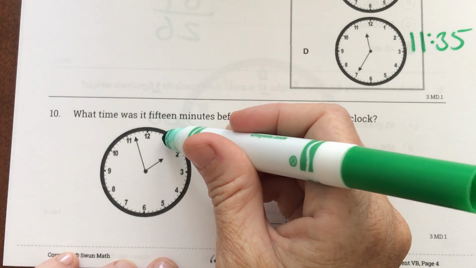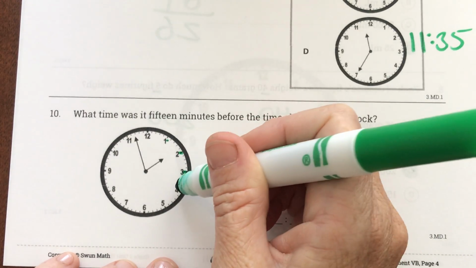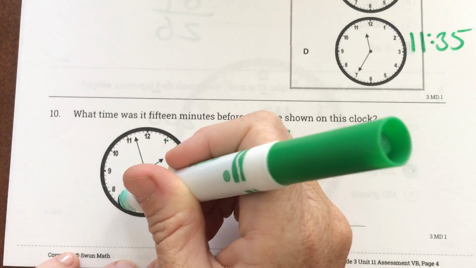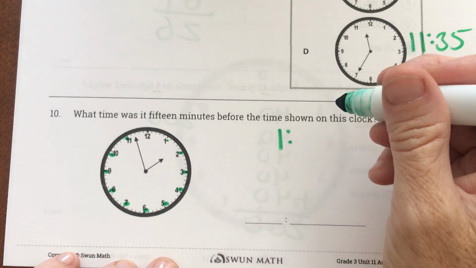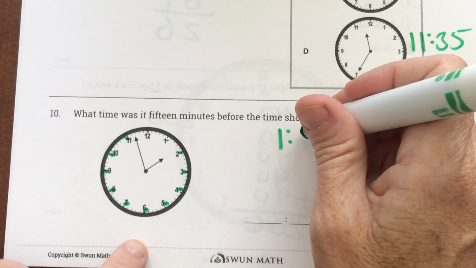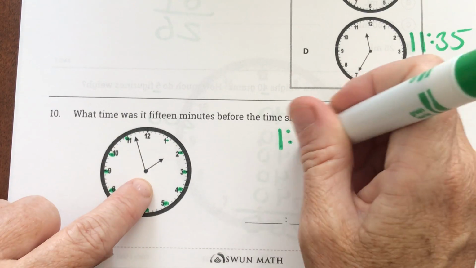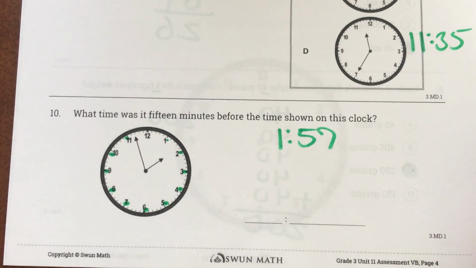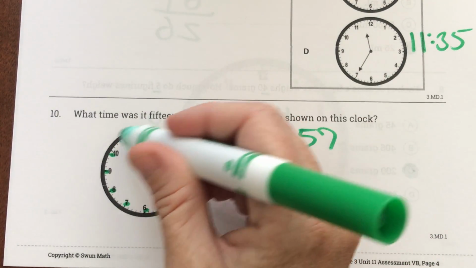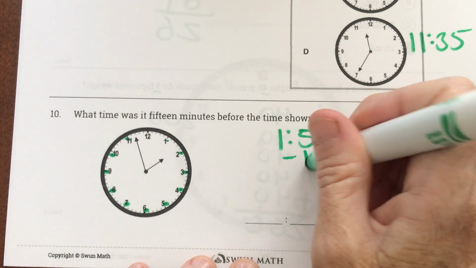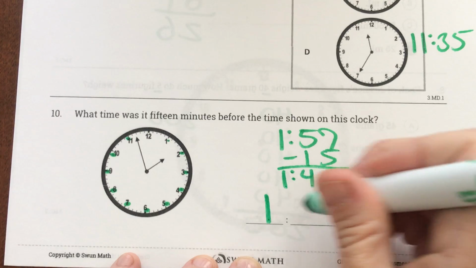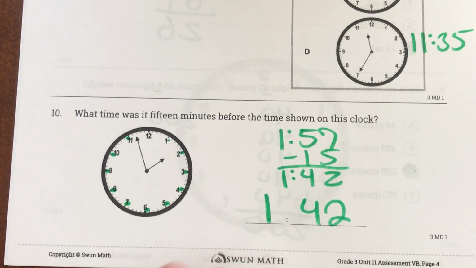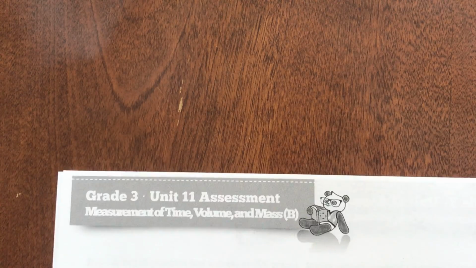And my minutes are 5, 10, 15, 20, 25, 30, 35, 40, 45, 50, 55, 56, 57. Okay, so 15 minutes before means I can go backwards. I could even subtract 15 minutes. And when I subtract, I get 1:42. All right, let's move on to number 11.